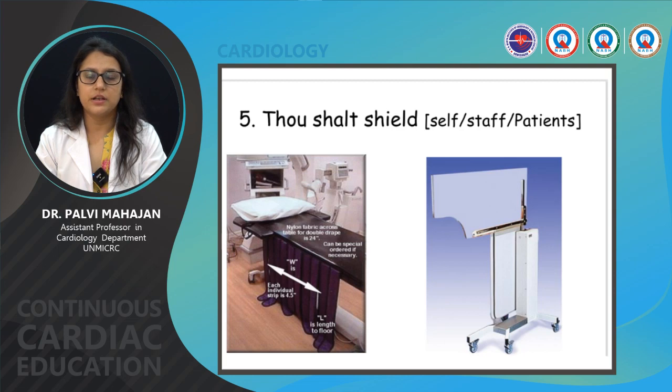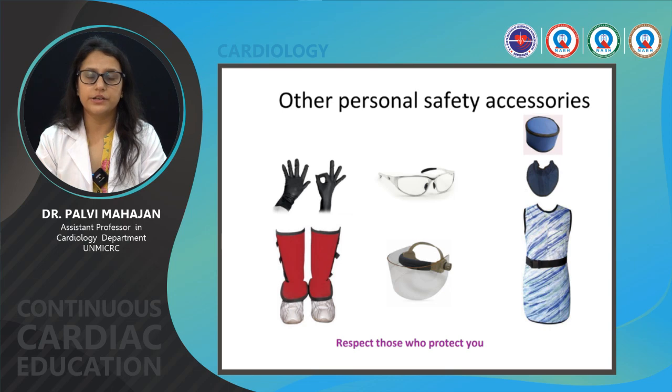It has to be 24 inches, and each individual strip is 4.5 inches. Other personal safety accessories we can use are radiation gloves, radiation goggles, gonadal shield, radiation caps, and radiation boots.